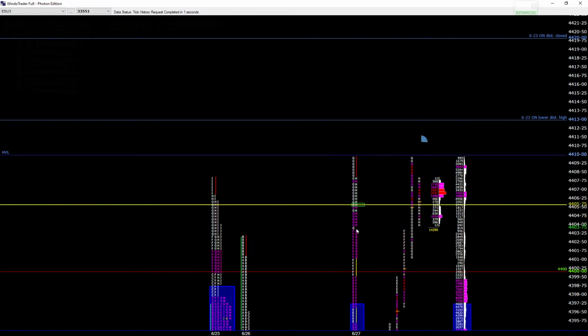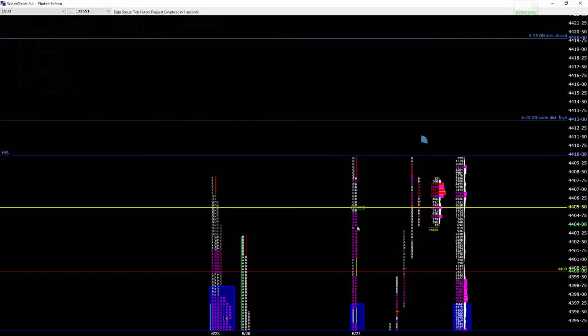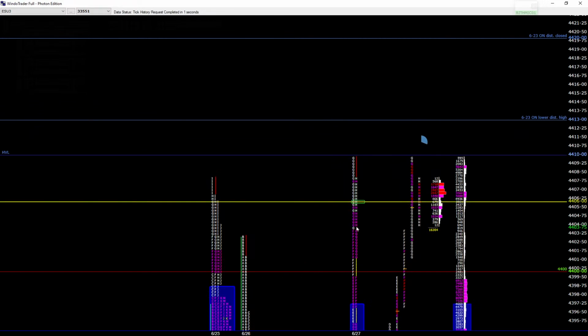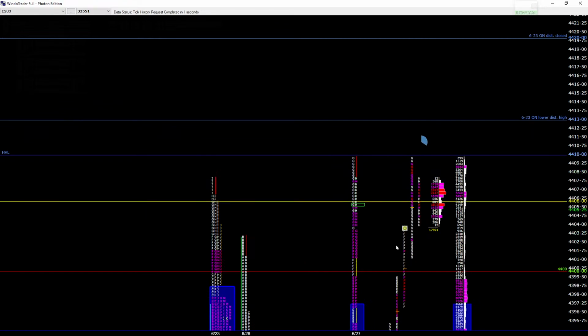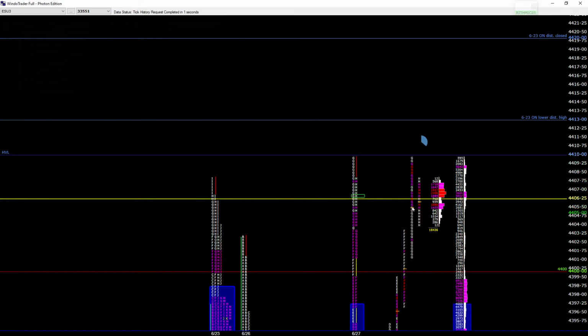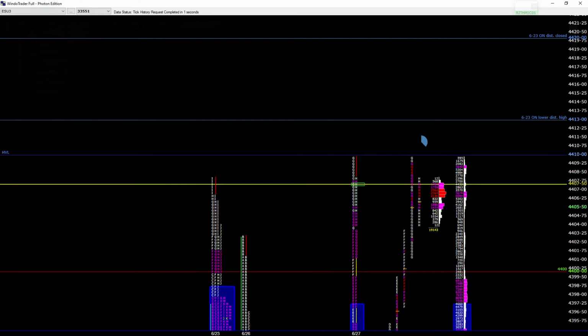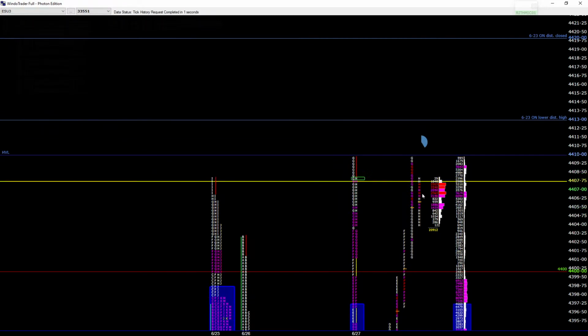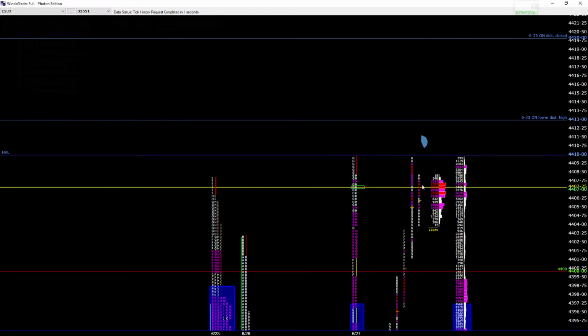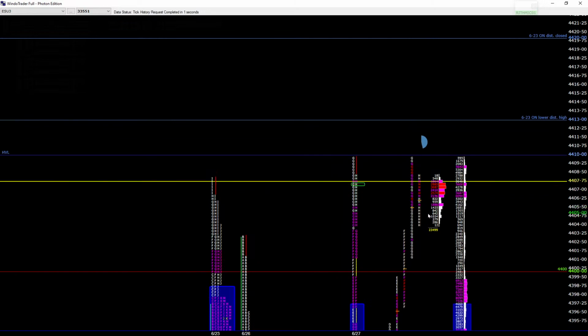This distribution has not been closed, huh? Look at this. Closing this distribution here could increase the odds of some range trading. All right, if the bar closes here, this could be an inside bar.